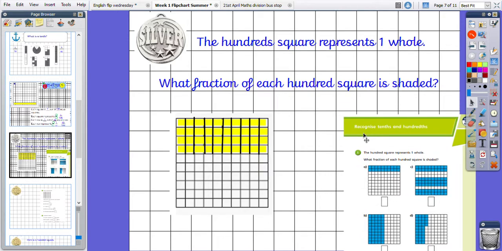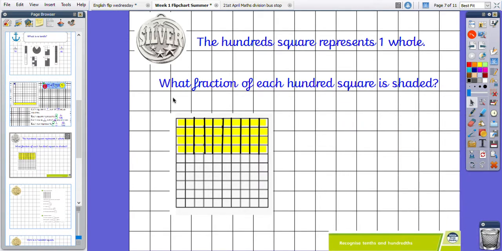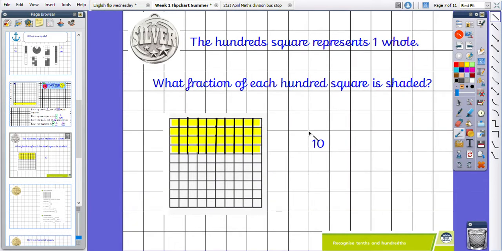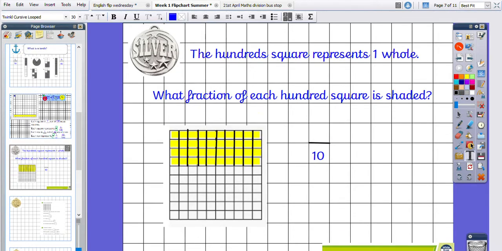So I've given an example here, and I've shaded in 4 equal rows. Okay, so I know that there are 10 rows in each hundredth square. So I know my denominator is going to be 10 because there's 10 altogether. And I have shaded in 4 of them.